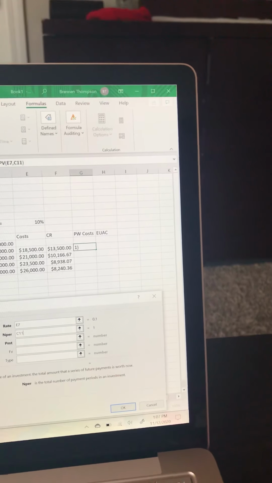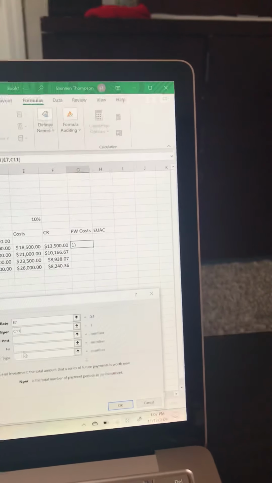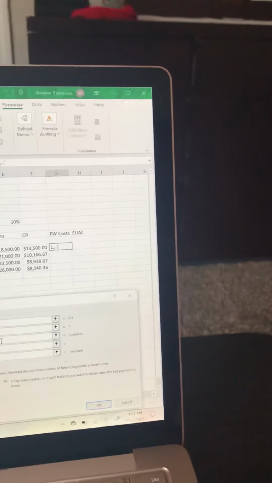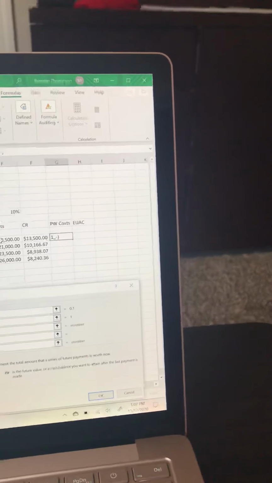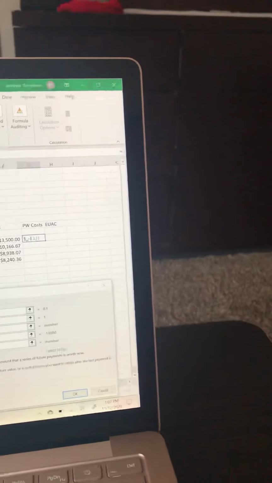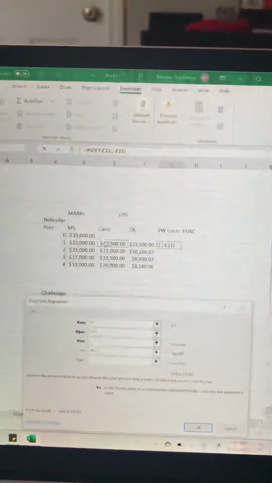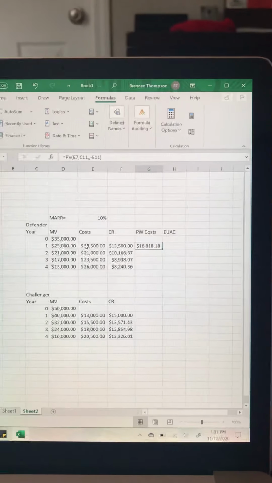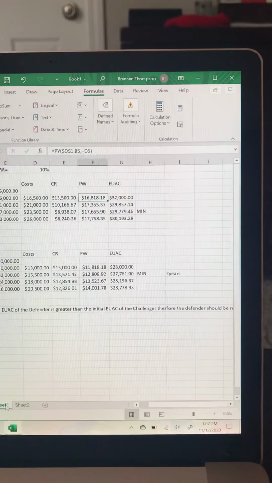Rate, year one. You don't need a PMT, you don't have a payment, you just have the future value, which is negative the costs.